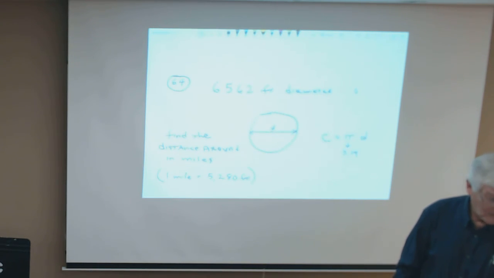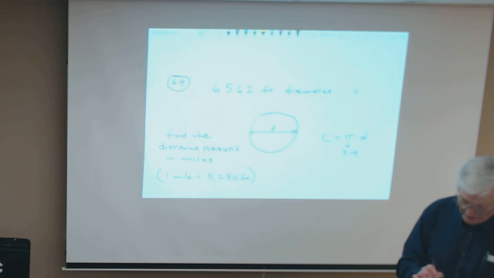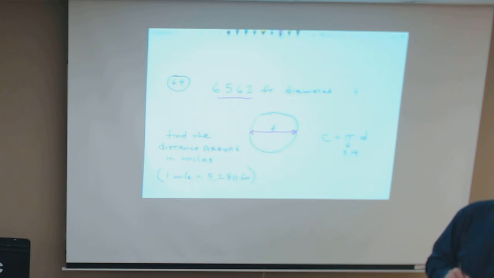64. What does 64 want me to do? It says the Fermi National Accelerator Laboratory has a circular atom smasher that's 6,562 feet in diameter. So this is the diameter of this atom smasher. And what do they want me to do?